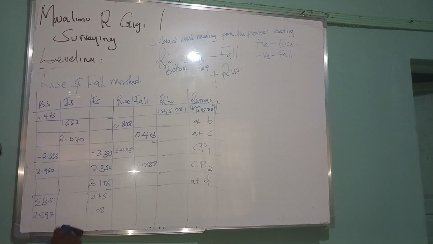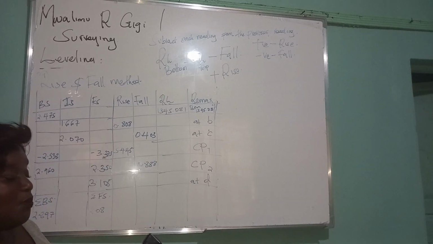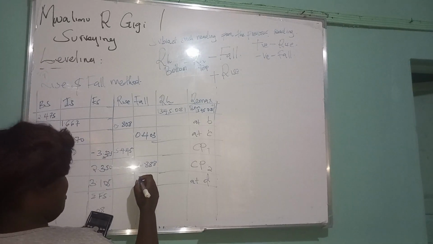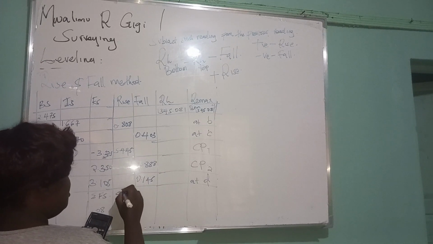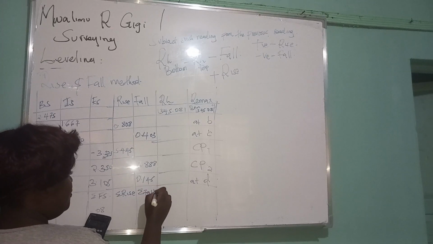We have a backside of 2.960 minus 3.105, which we have a negative 0.145. So it is a fall of 0.145.